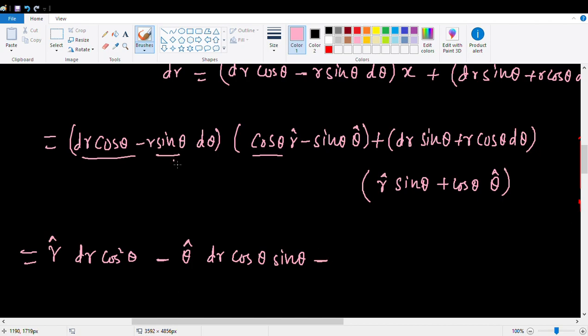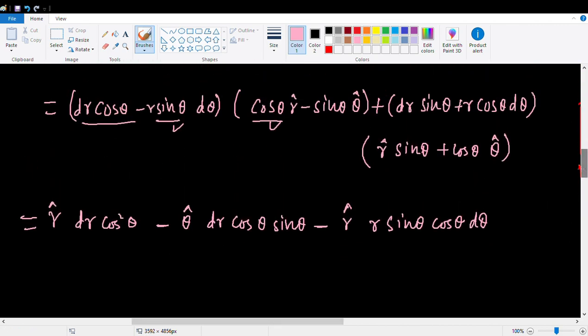Now these again r hat, r cos theta d theta, with negative negative positive, r sin square theta d theta, that is my theta hat.